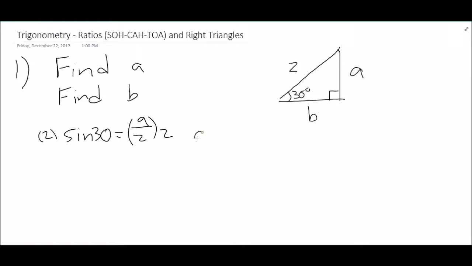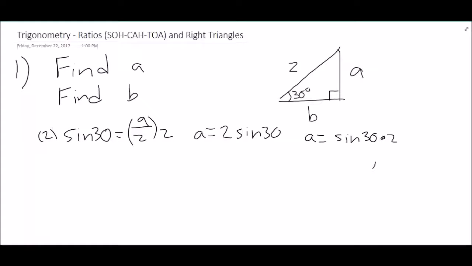And we end up getting A equals 2 sine 30. Now, I want to point something out. I do not want you guys writing this as A equals sine 30 times 2, because that may or may not be incorrect.